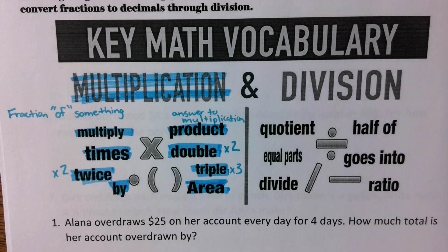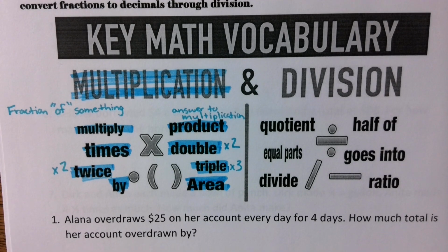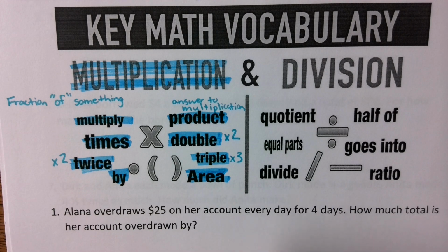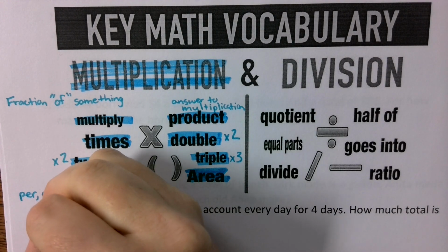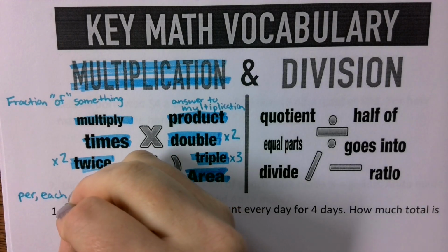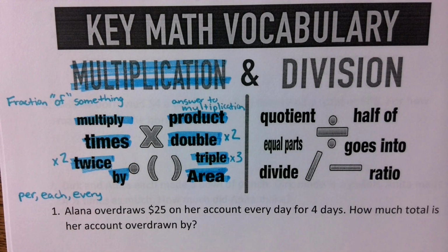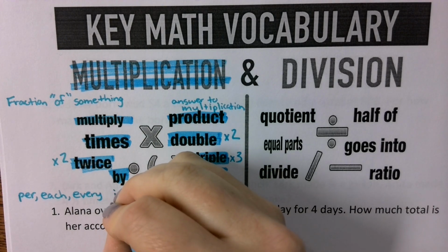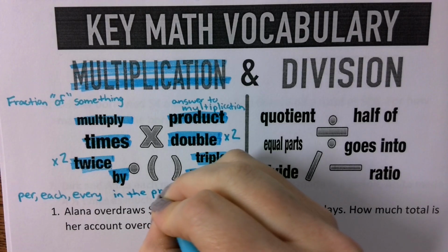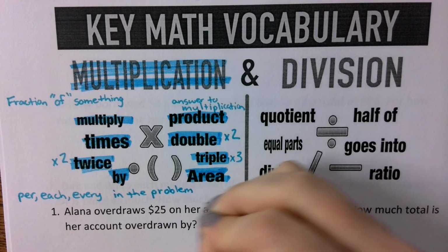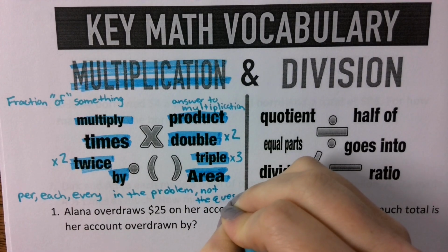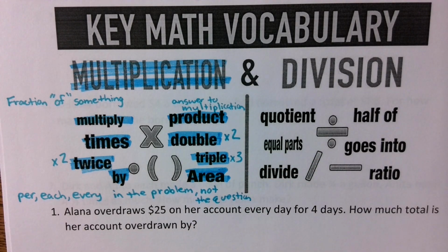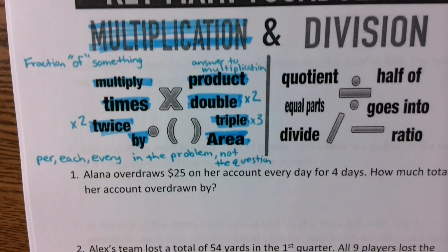Fraction of something. Okay? Another key phrase or words that you need to look for. If you see the words per, each, or every in the problem, not the question, then that is also going to reference multiplication.